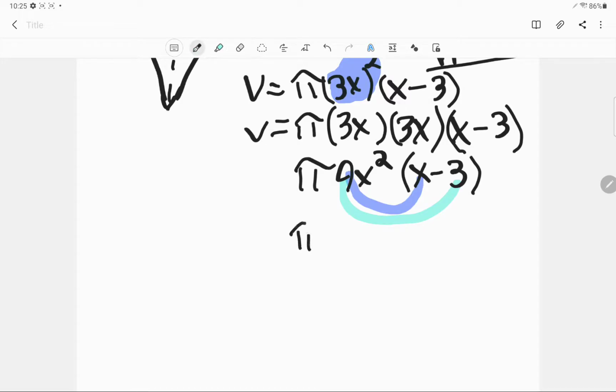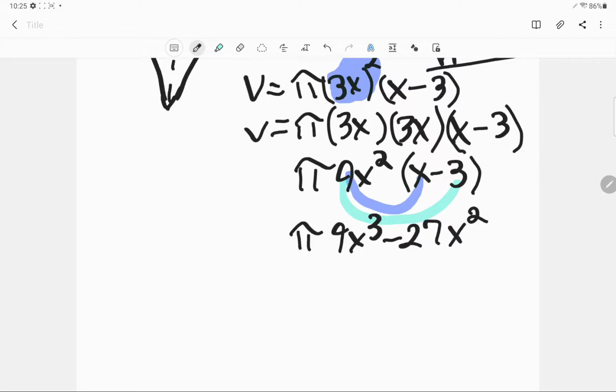So what I'm going to get is pi times 9x cubed, because whenever you multiply 9x squared times x, the only thing that changes is the exponent on your x. Then 9 times negative 3 gives me negative 27x squared.